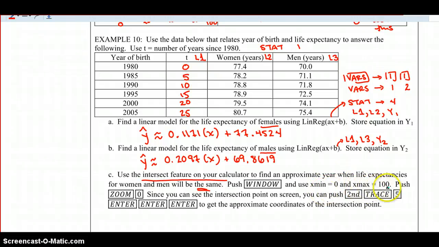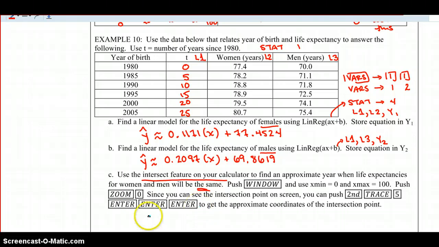And we're going to set X max equal to 100. Okay? And then we're going to push zoom 0 to let the calculator adjust the screen for Y min and Y max. Again, you should be able to see the intersection point on screen, so you can push second trace 5 to pick intersect. And we're going to push enter, enter, enter to get past that series of questions.